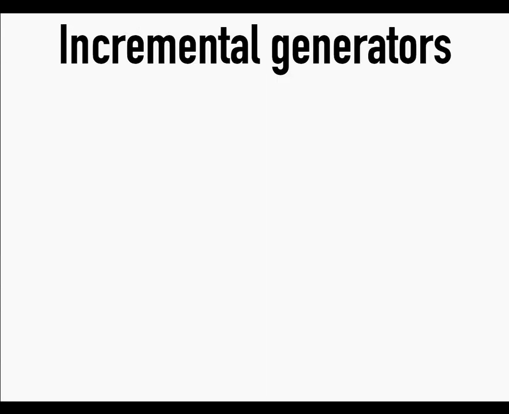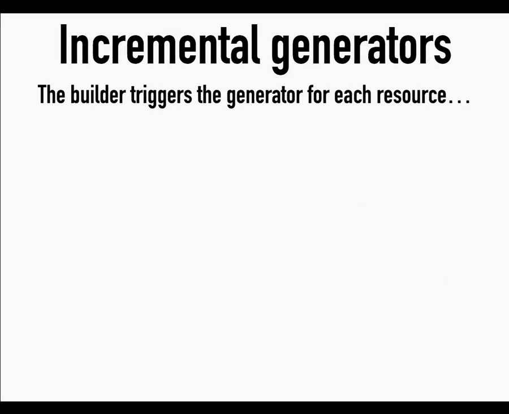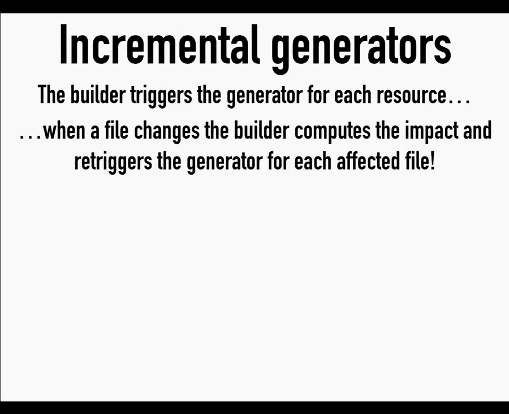Incremental code generators, if you want to use that, and you should, are triggered by the builder, of course. If there is a change somewhere in a file and you save it, then Xtext will calculate the impact of your change and will trigger a build for the affected resources.